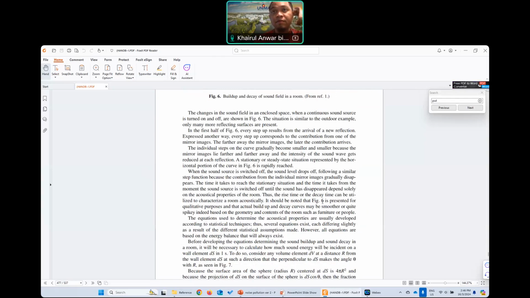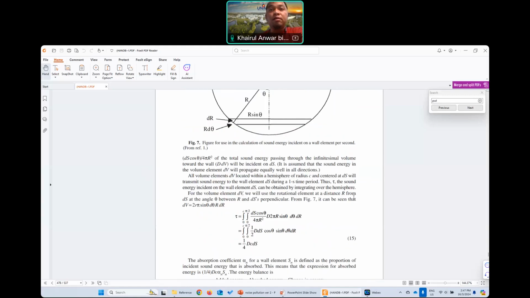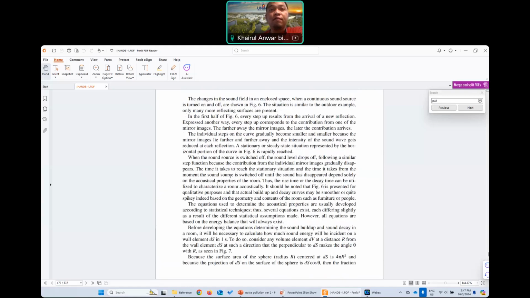It should be noted that figure 6 is presented for qualitative purposes and that actual build-up and decay curves may be smoother or quite spiky, depending on the contents of the room. So there is some derivation.